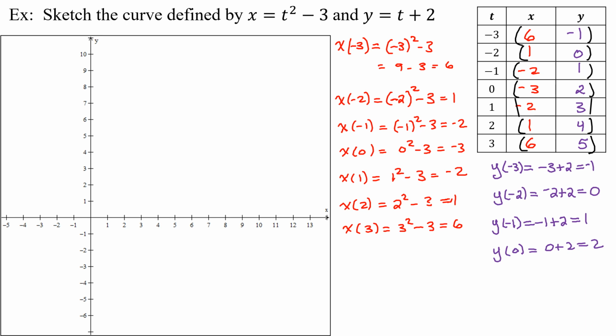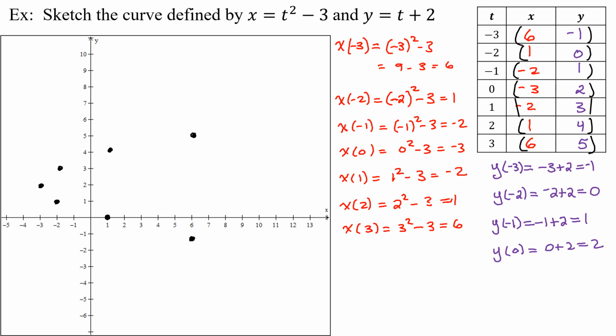So the positive 6, -1 would come about right here. 1, 0 is right here. -2, 1 would be about right there. -3, 2 would be about right here. The -2, 3 would be about right here. The 1, 4 would be about right there. And the 6, 5 would be probably somewhere in this area right here.